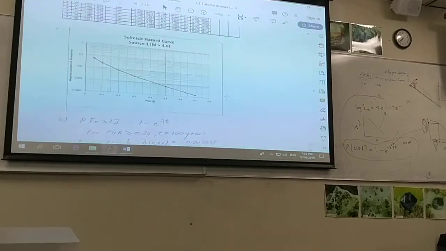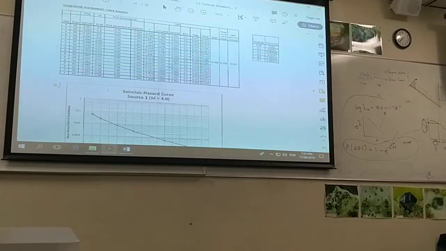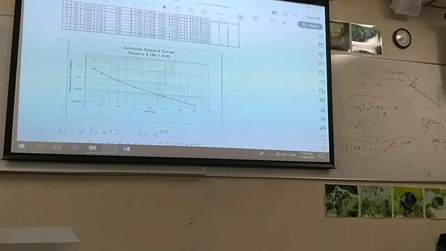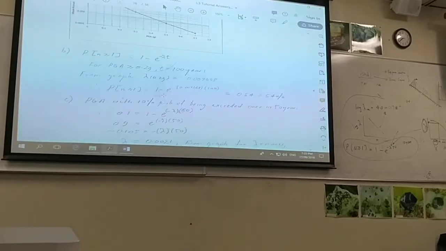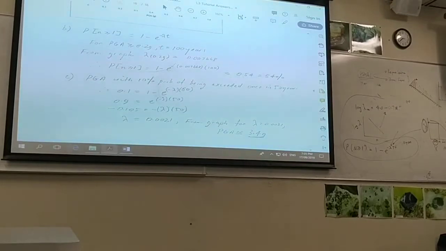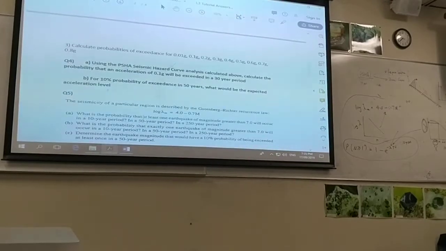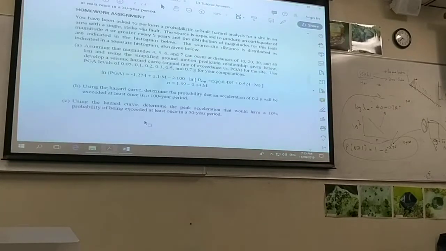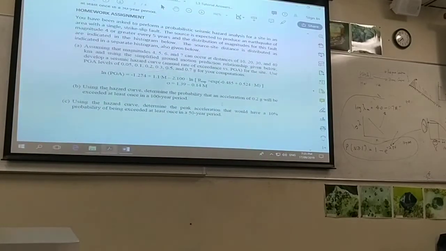In the example we just did earlier with everyone on Excel, you can end up with a seismic hazard curve like this, and then you can answer the same types of questions. Now using the hazard curve, determine the probability that an acceleration of 0.2 g will be exceeded at least once in a 100-year period.